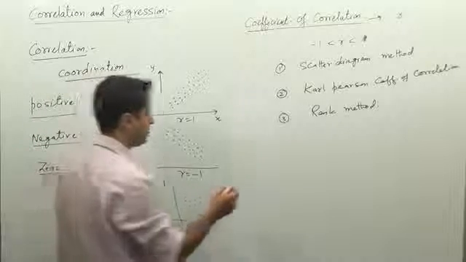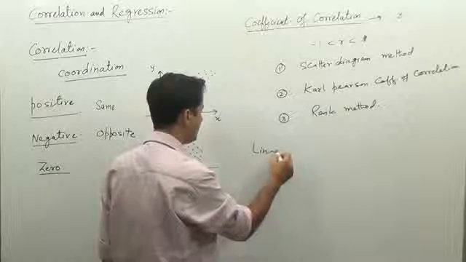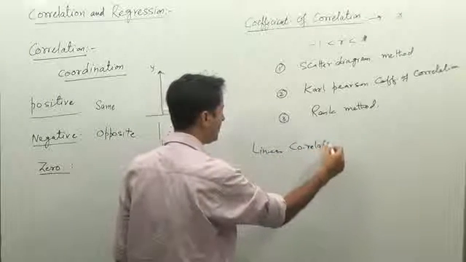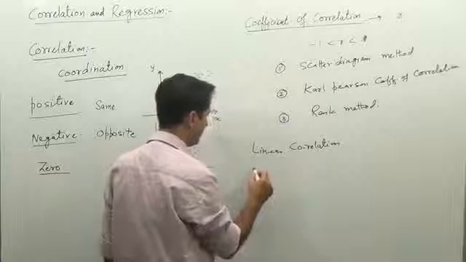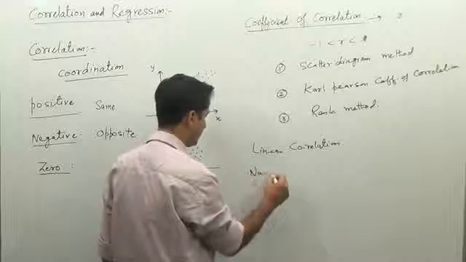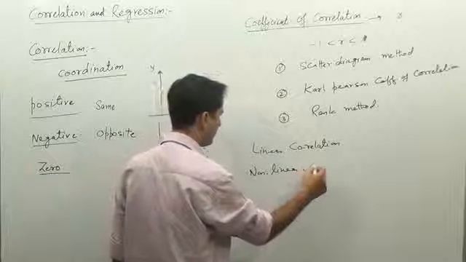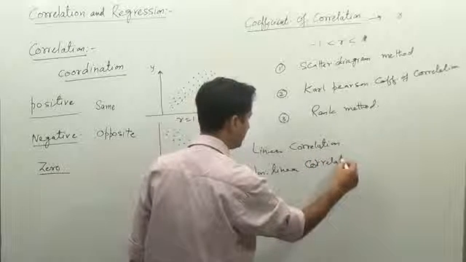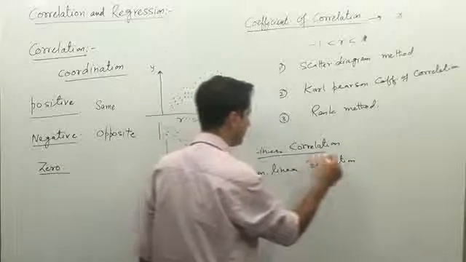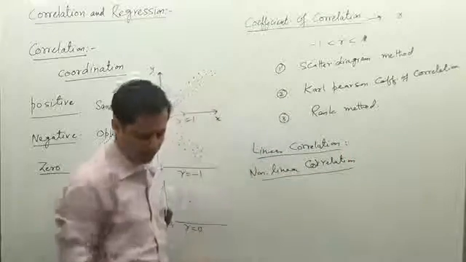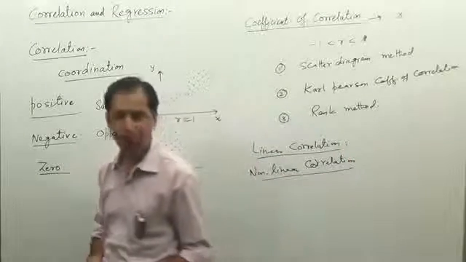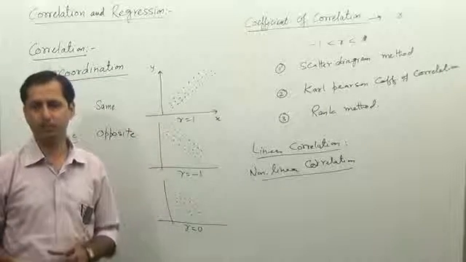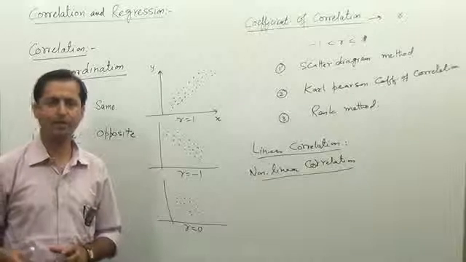So the first thing that will come to mind is, what do you mean by linear correlation, and what do you mean by non-linear correlation? Linear correlation is the one in which the values of two variables vary in constant ratio, vary at the same pace.